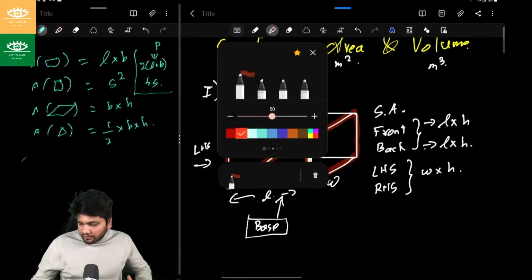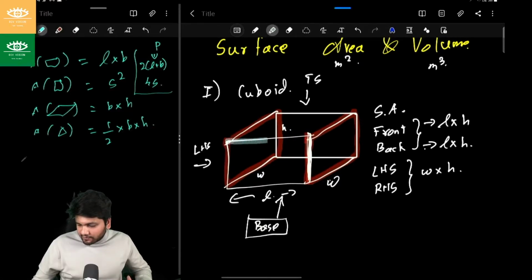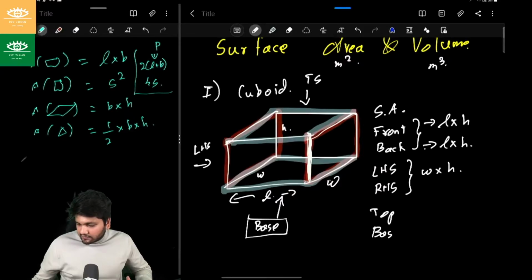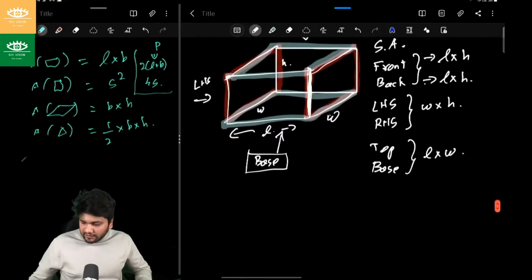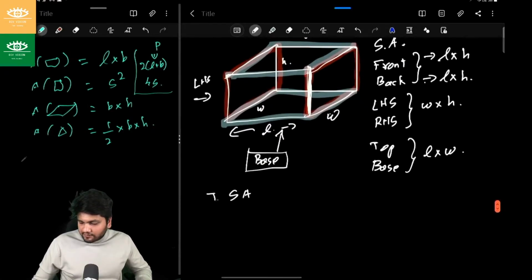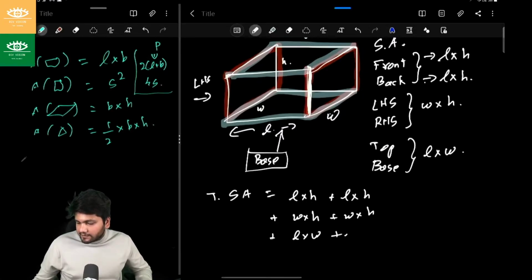Now, if you talk about the top surface and the base, like I'm talking about this region and this region, both are the same, of course. The area of the top and the base is going to be length into width. So the total surface area is going to be L into H plus L into H, plus width into height plus width into height, plus length into width plus length into width.